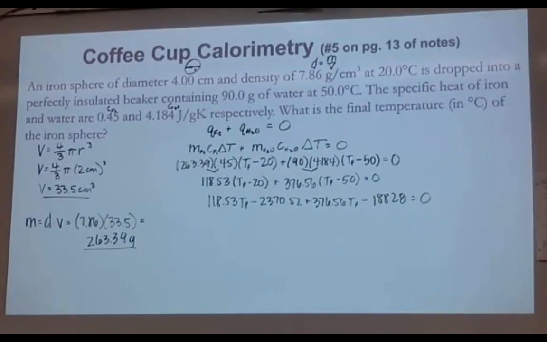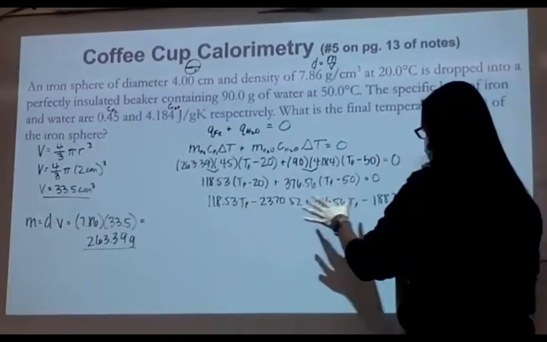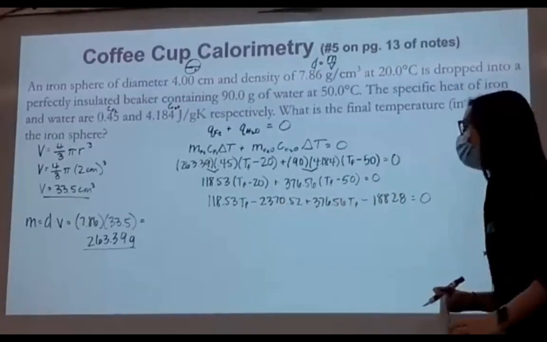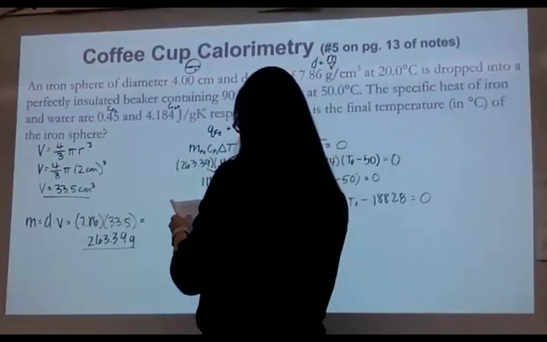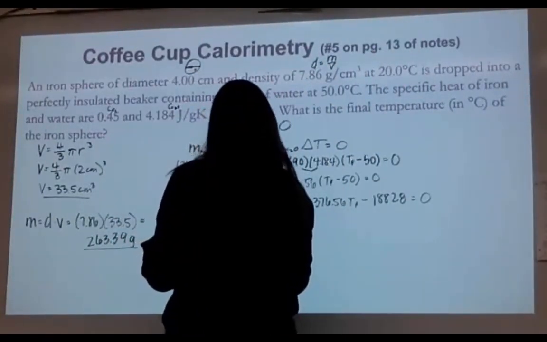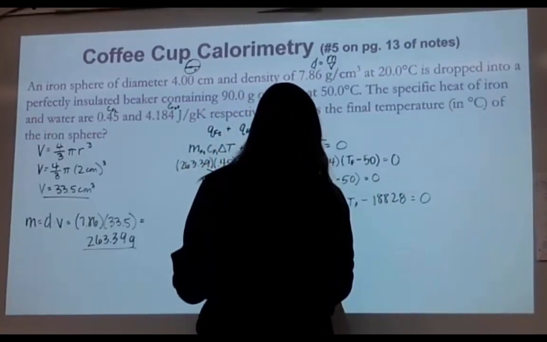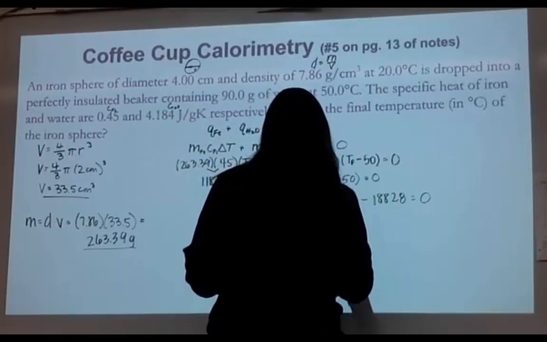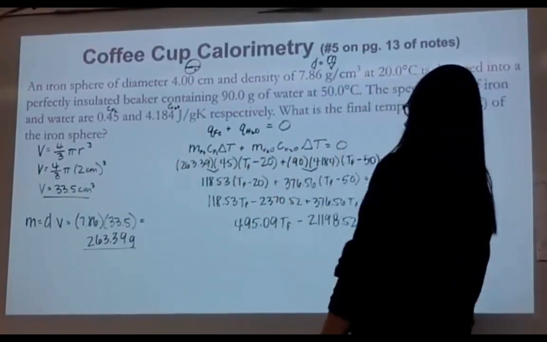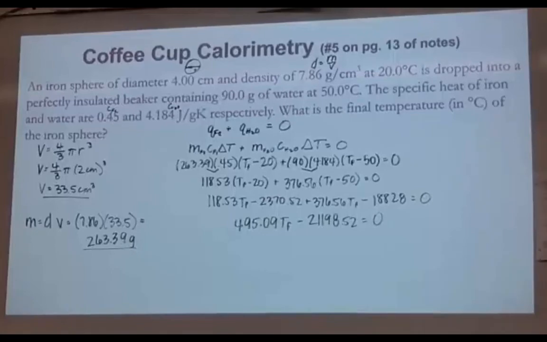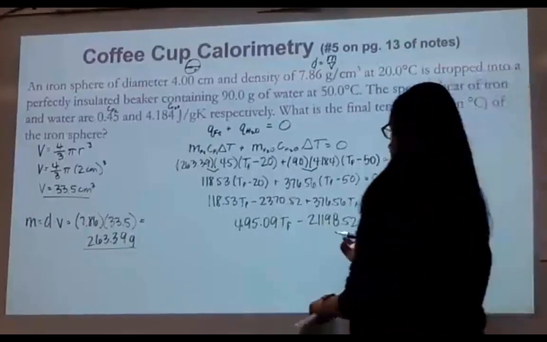Now we can combine like terms. I have two TF terms. I have two just integer terms that I can combine. So it was 495.09 times TF minus 21198.52 equals 0. You can move the 21,198 over to the other side.